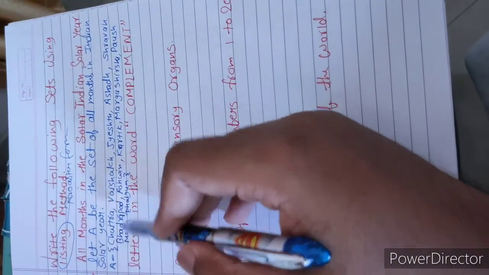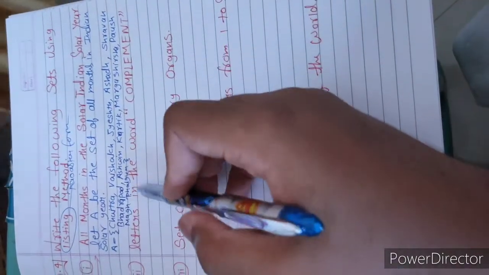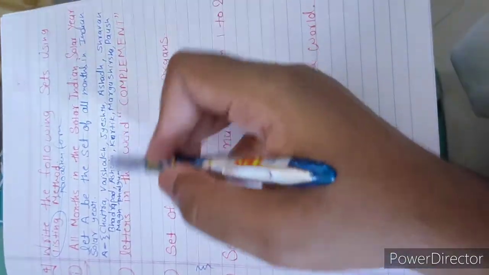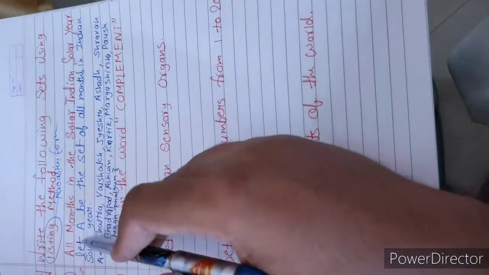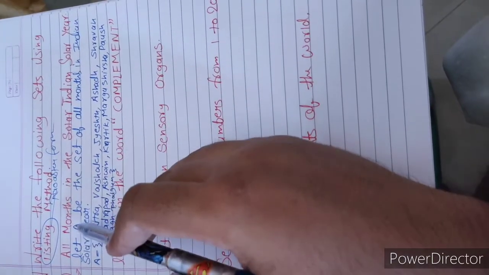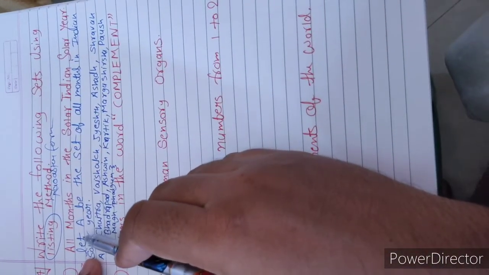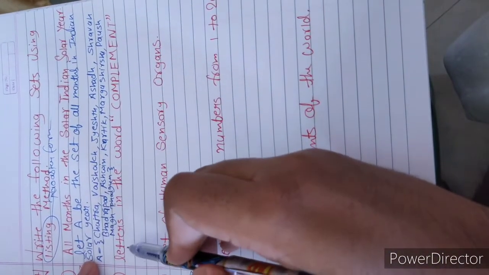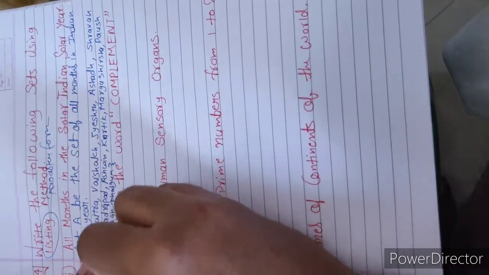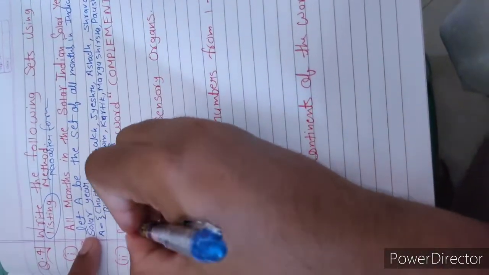Are you able to see here? Okay, let's move on. Question number 2. What is given related to the word complement? As we saw in the first question, firstly we have to consider a set, any alphabet as a set. In the first question we considered A, so here we will consider B. So we will write: Let B be the set.